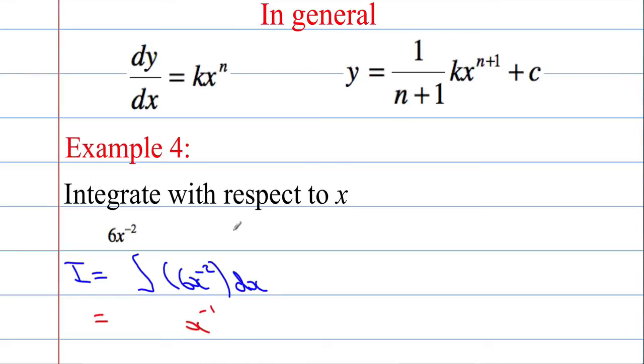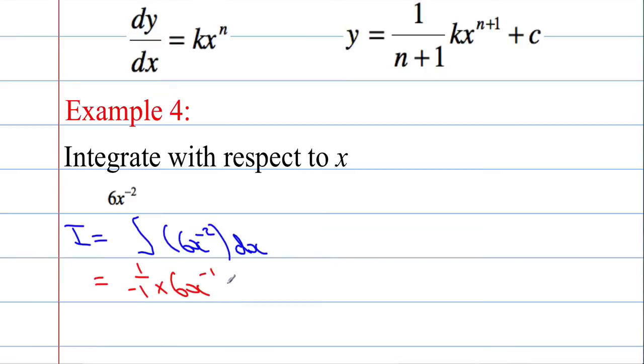The 6 is in front for both, so let's leave it there at first. Now you will get much quicker at this as time goes on. And 1 over x to the n plus 1, well n plus 1 is negative 1, so it's 1 over negative 1. And don't forget that constant of integration, c. Well, 1 over negative 1 is negative 1, and negative 1 times 6 is negative 6. So you get negative 6x to the negative 1 plus c.